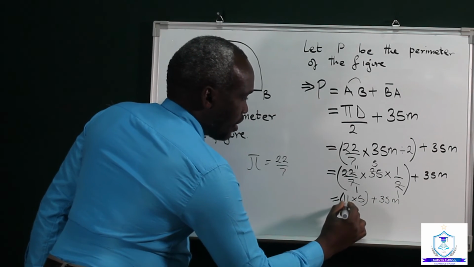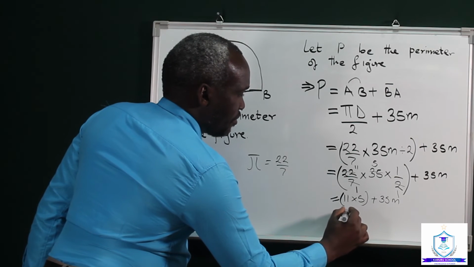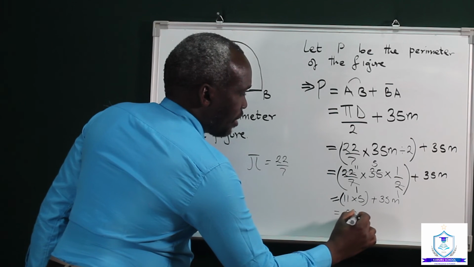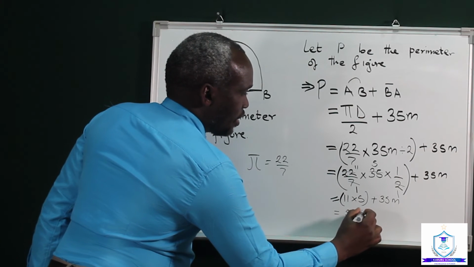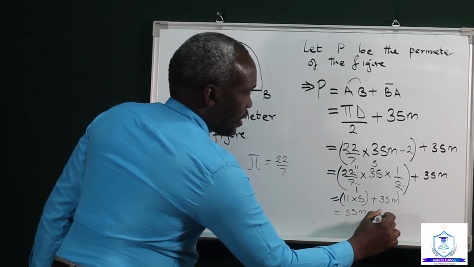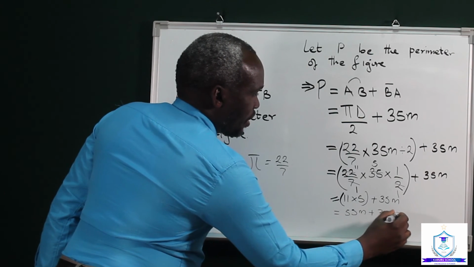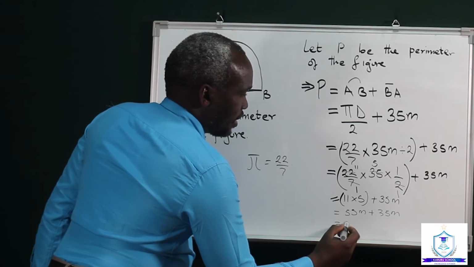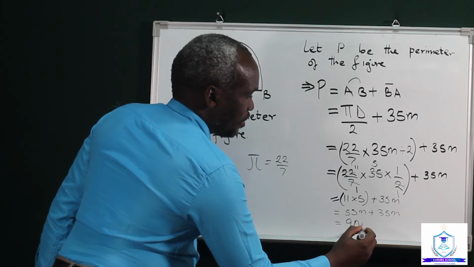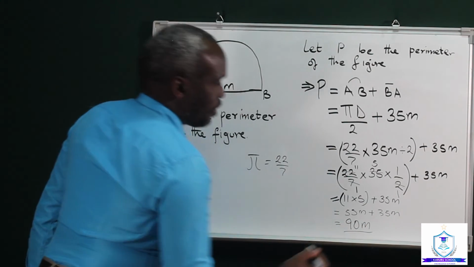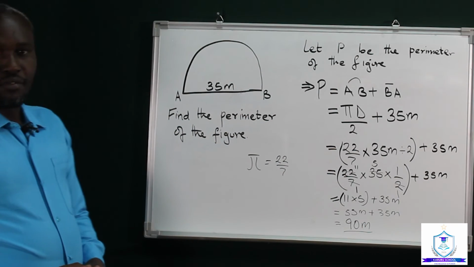This will yield 11 times 5 gives us 55, and the units here are meters, plus 35 meters, which gives us 90 meters as the perimeter for our figure.